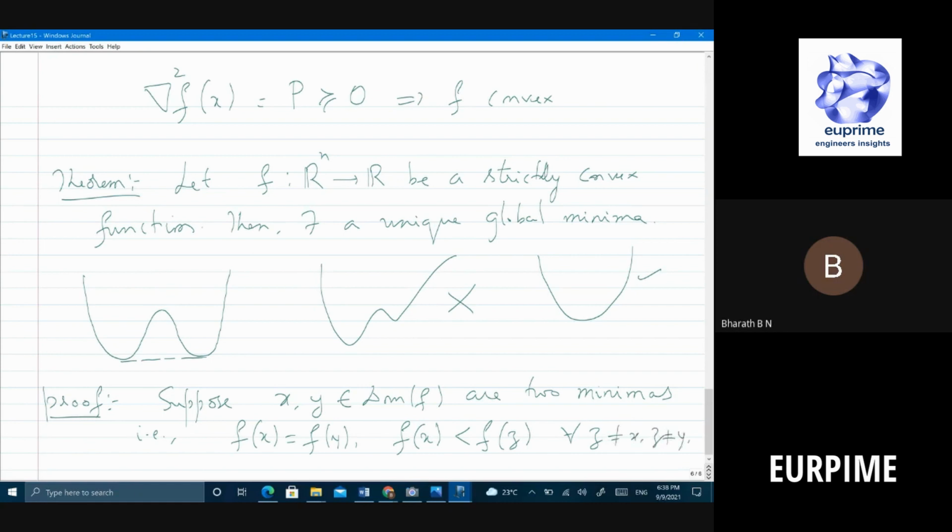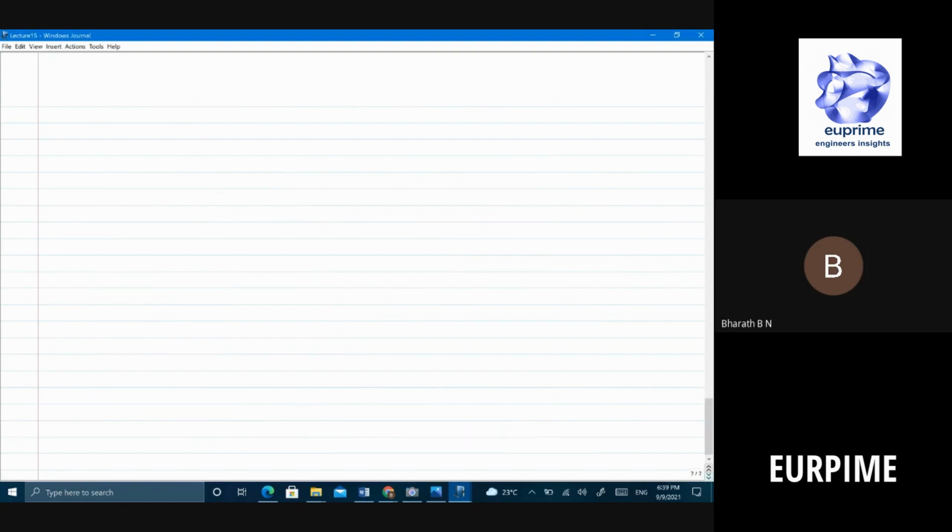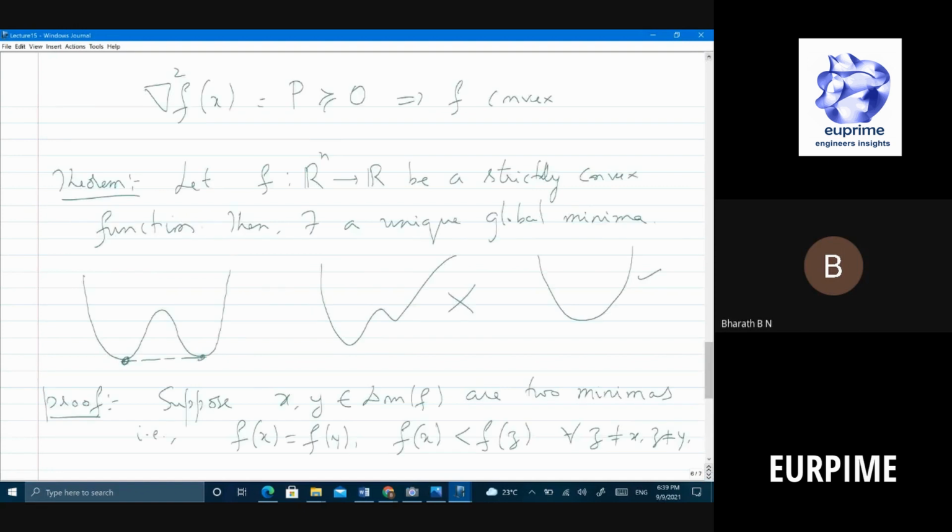That means I'm taking two points x and y, the function values are the same, and for any other point, they are the lowest points, right? So it's fine. Now, how do you argue that this cannot happen?